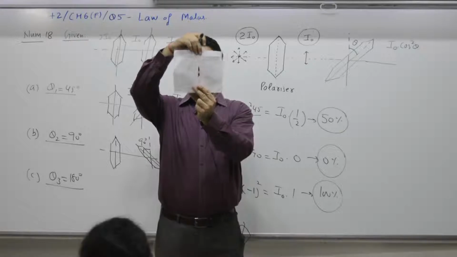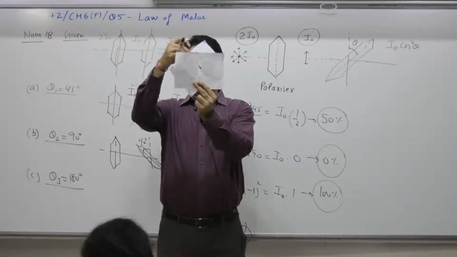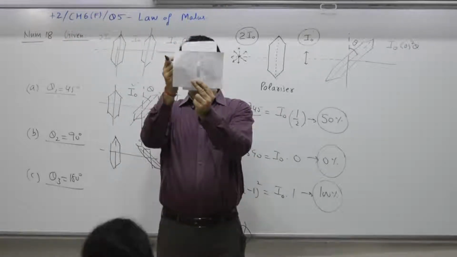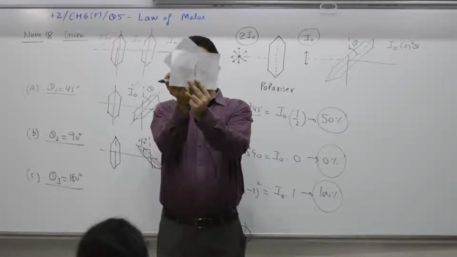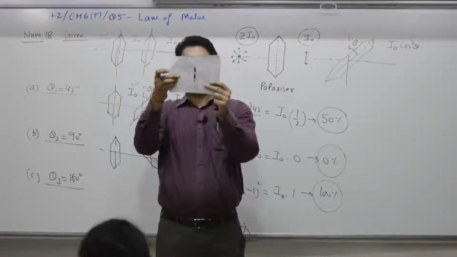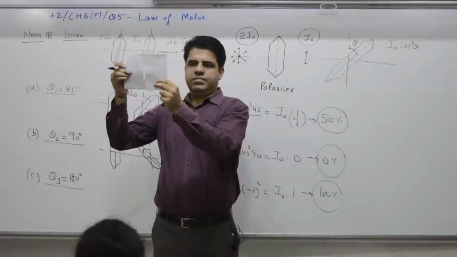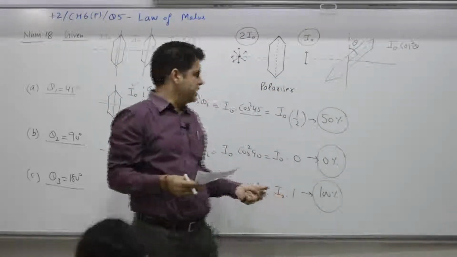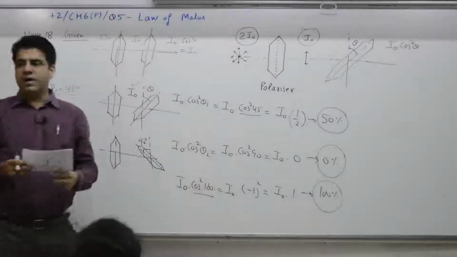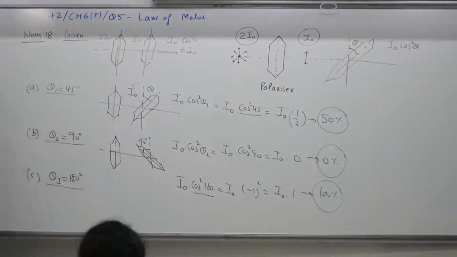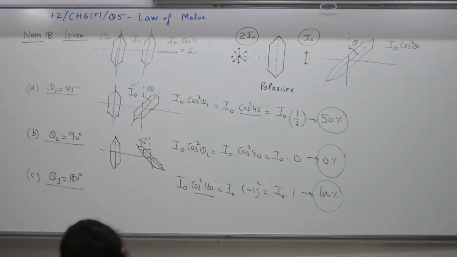If I keep on rotating, this is 0, 90 degree, 120, 150, 170 and 180. If it is 180, it is the same status, whatever was the energy in case number 1, 100%. So if you rotate it by 180, there is no change. 1 minute to complete.